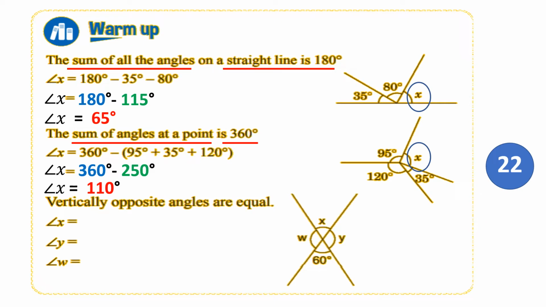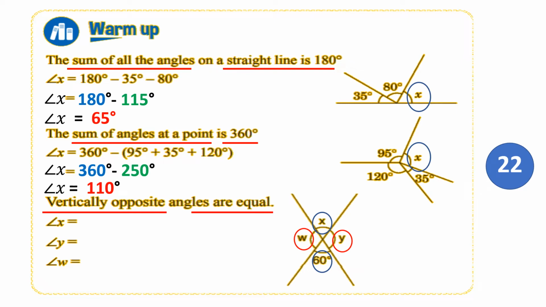Next, vertically opposite angles are equal. Okay, vertically opposite angles are equal. Look at the picture here. The angle opposite x is 60, so they are the same. Then angles w and y are also equal, opposite.